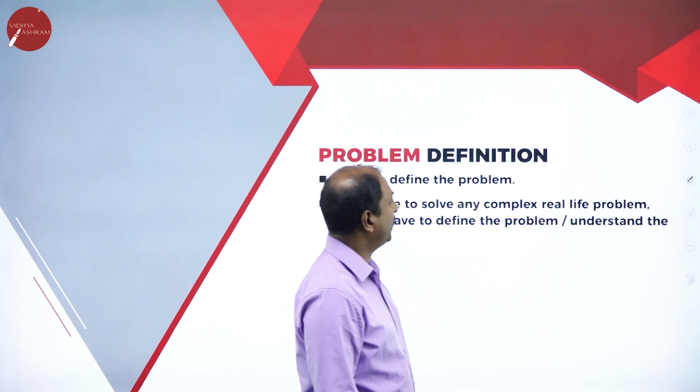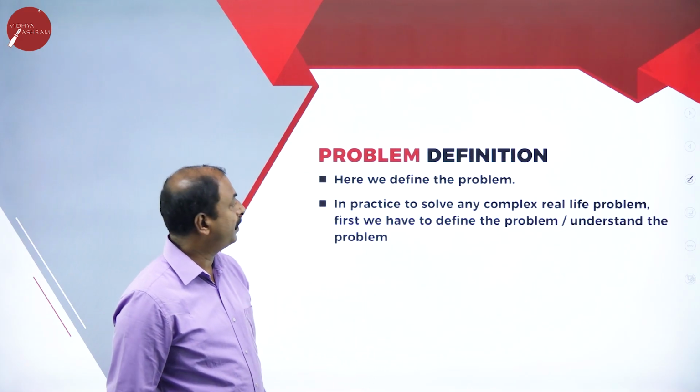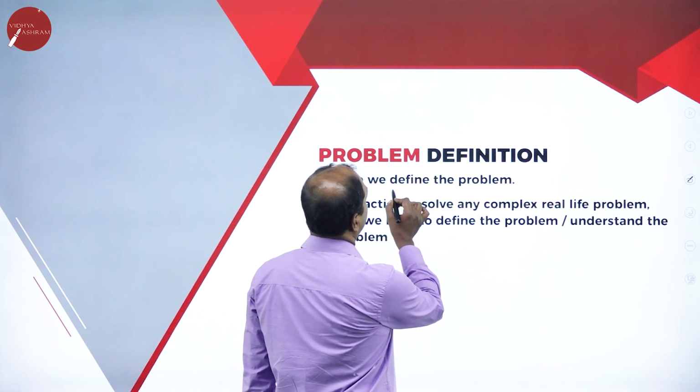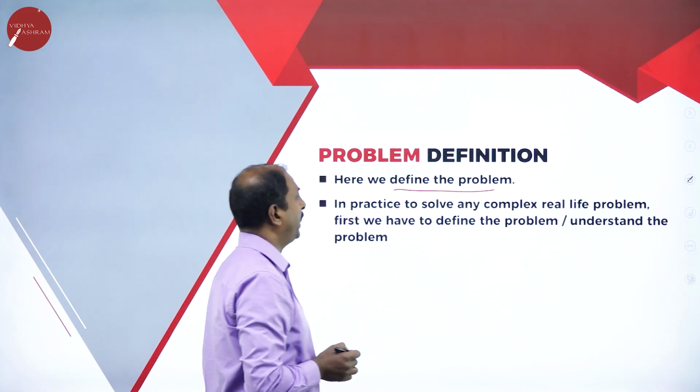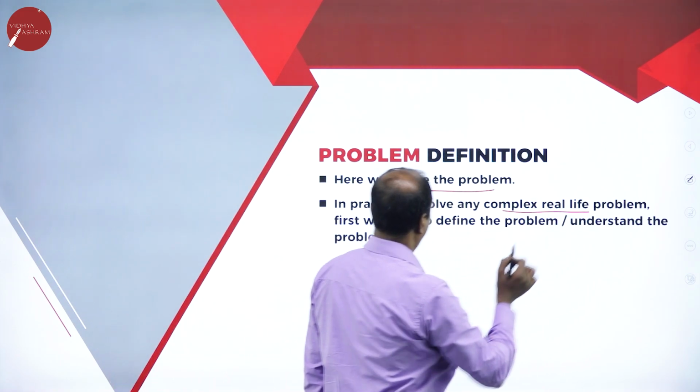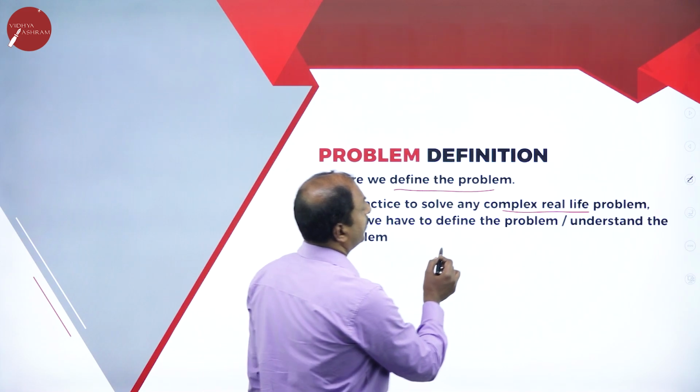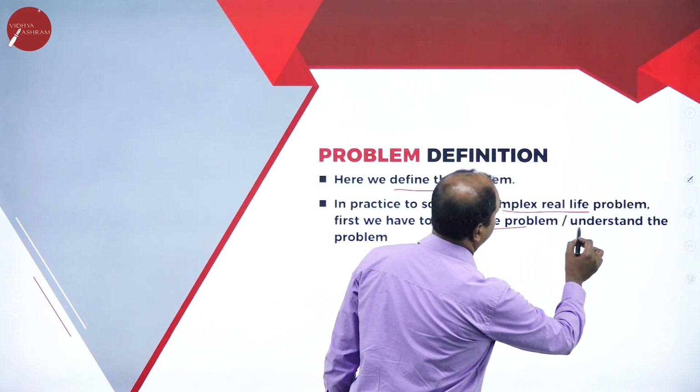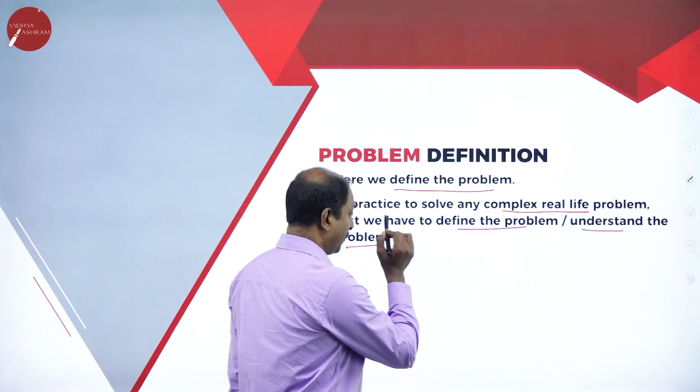The first one is problem definition. What is problem definition? This is to define the problem. In practice, to solve any complex problem in real life, we have to define the problem, or in other words, we have to understand the problem.